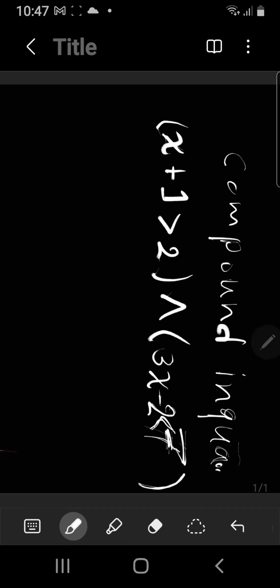Look, how can I solve a compound inequality? So easy.